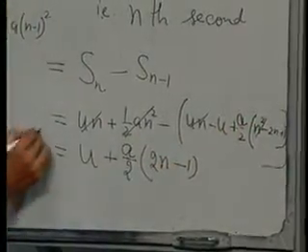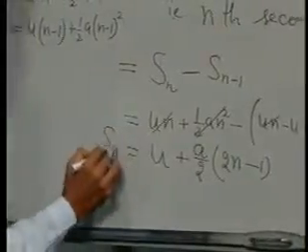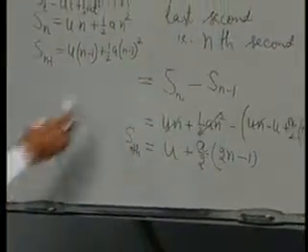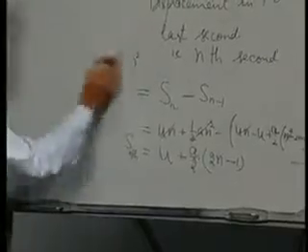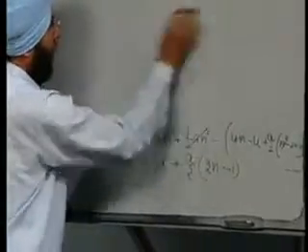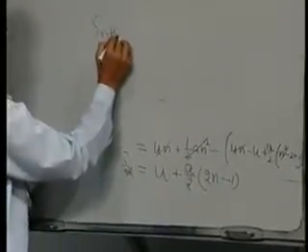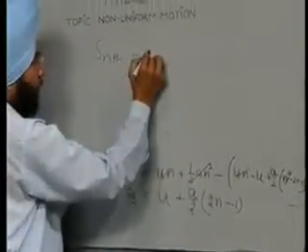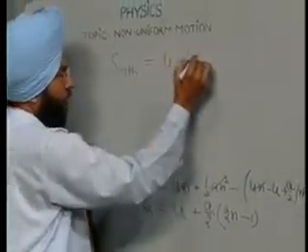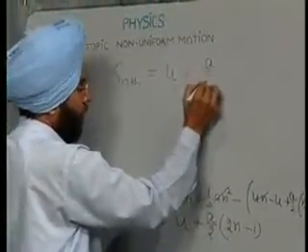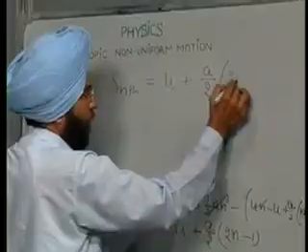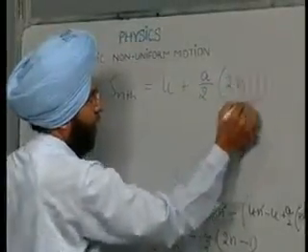So, S nth is equal to u plus a by 2 into 2n minus 1.